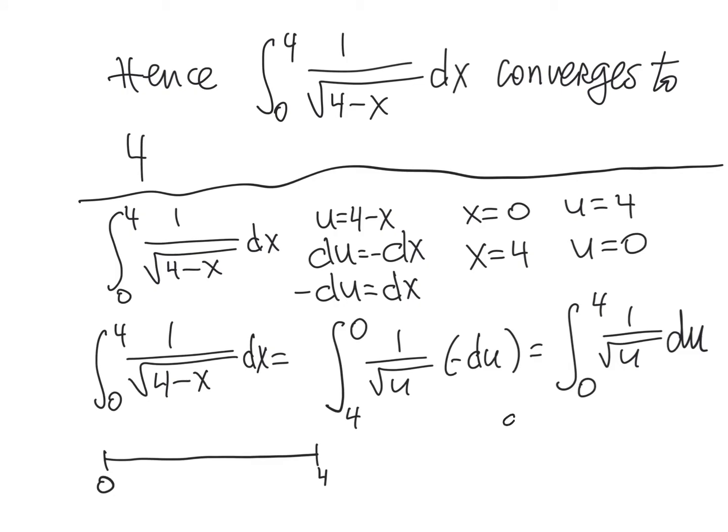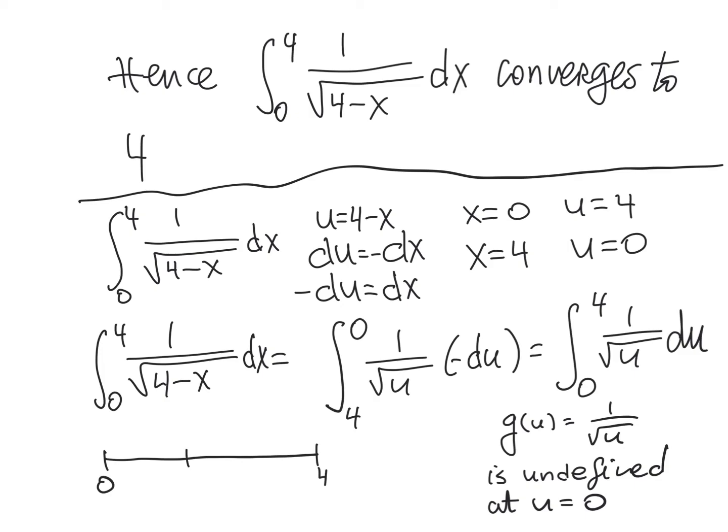We can see 1 over square root of u is undefined at 0 rather than at 4. That's what makes this integral improper, the fact that 1 over square root of u is undefined at 0. So we let t represent any number between 0 and 4. The integral from t to 4 will be defined, and we let t approach 0 from the right.